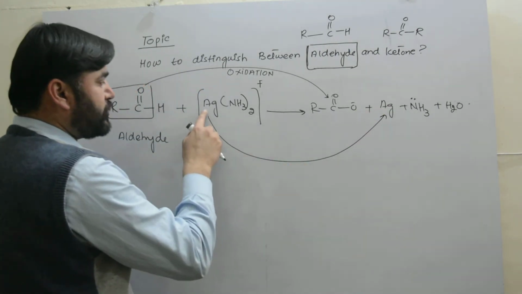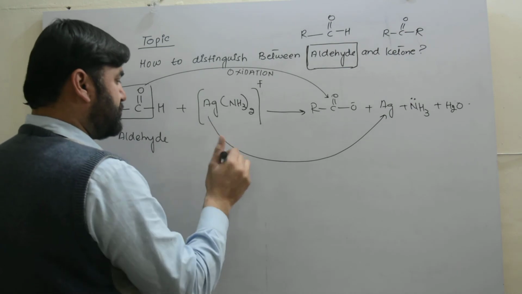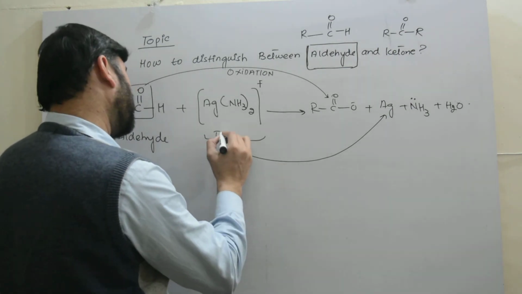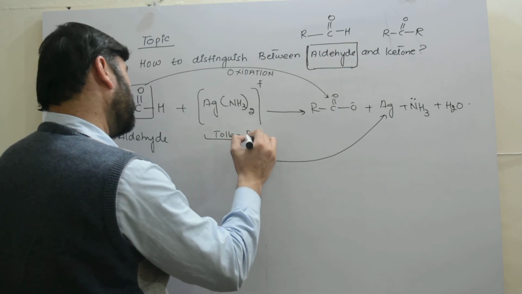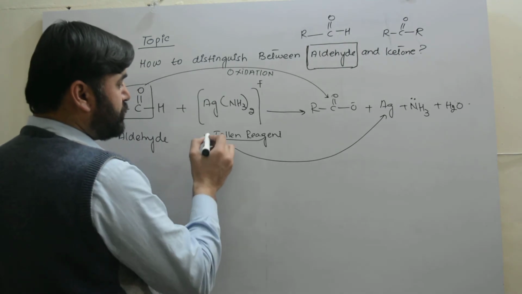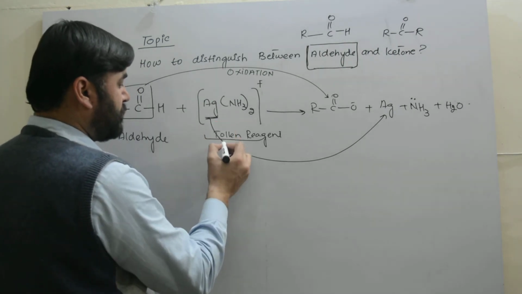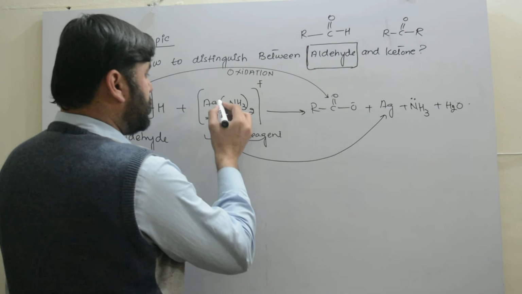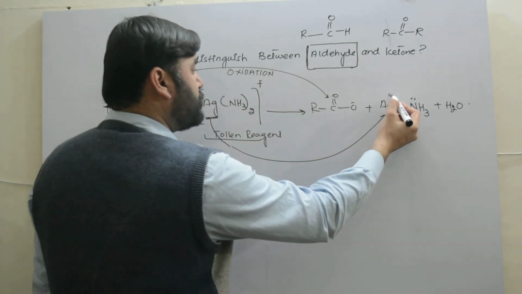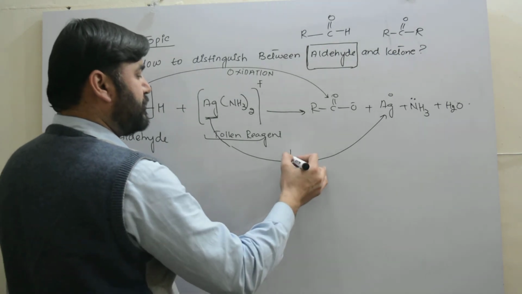The oxidation state of Ag in this Tollen's reagent changes from +1 to 0. So this is called reduction.